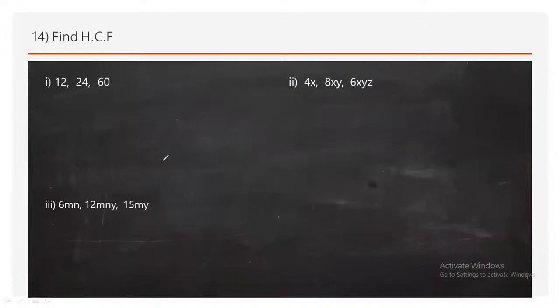HCF. Then we have to find the highest common factor, 12. Then you can write it as a product of prime factors, 3 into 2 into 3 into 3, right? 2 times 3 is 6.